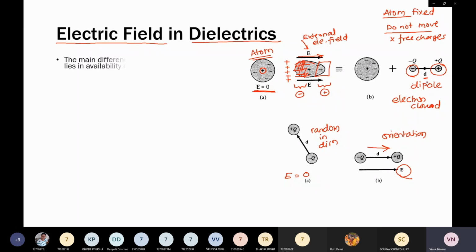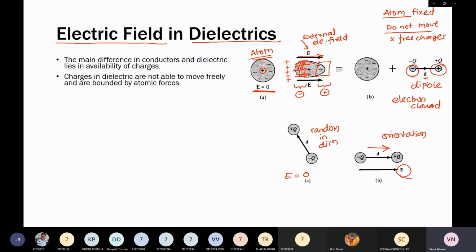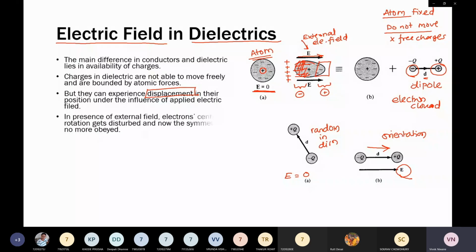Let us go through the text. The main difference between conductors and dielectrics lies in the mobility of the charges. Charges in a dielectric are not able to move freely and are bound by atomic forces, but they can experience, and this is a very important word, displacement in their position under the influence of an applied electric field.